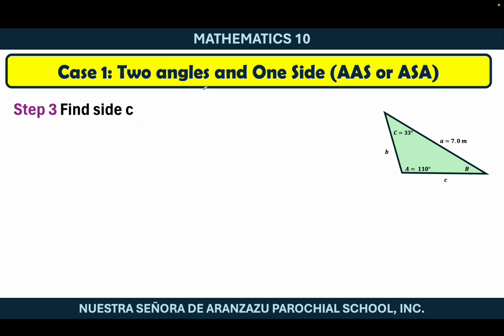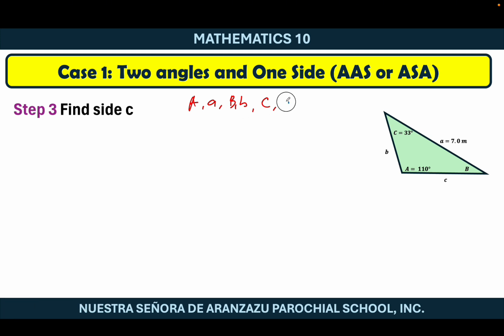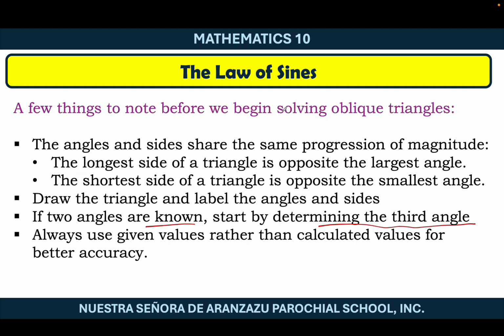Now we already have the given angle A, side a, angle B, side b, angle C, and what we are looking for now is side c. This one is the given values, right? This is given, this is calculated. What did we say earlier when we go back to the few things to remember?